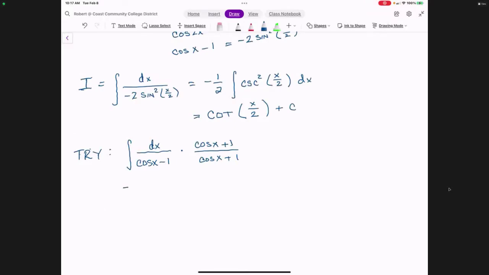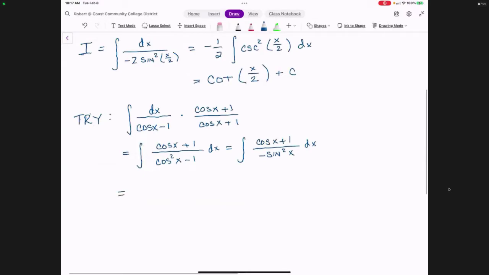So this is going to be the cosine of x plus 1 divided by cosine squared x minus 1 dx. And so that is cosine x plus 1, and then this is going to be negative sine squared x dx.